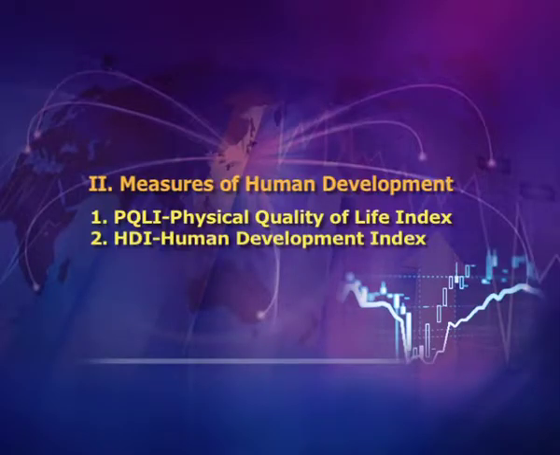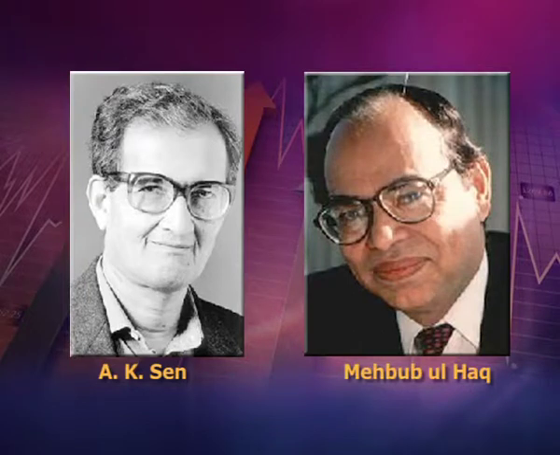Human Development Index. This index was developed by Mehboob ul Haq and A.K. Sen and introduced by UNDP in 1990, but it was calculated for previous years for various countries. It is an average index of life expectancy at birth, adult literacy rate and combined gross enrollment ratio for primary, secondary and higher education.